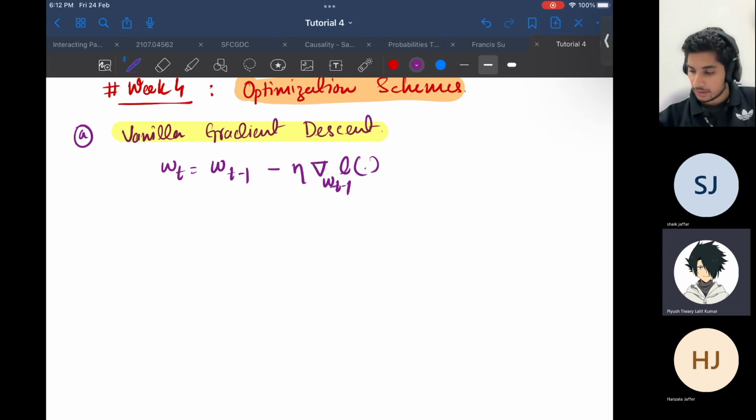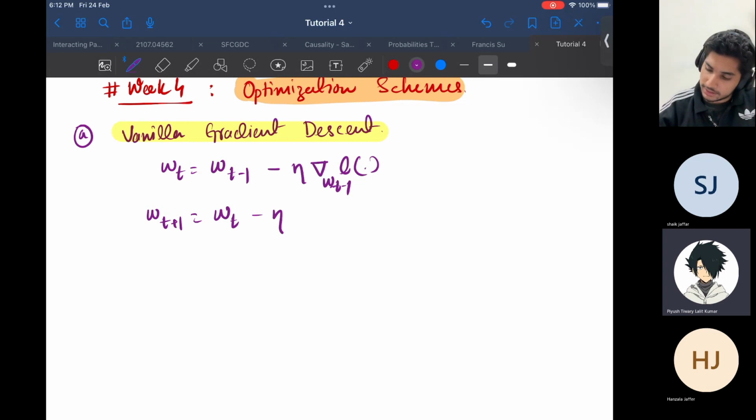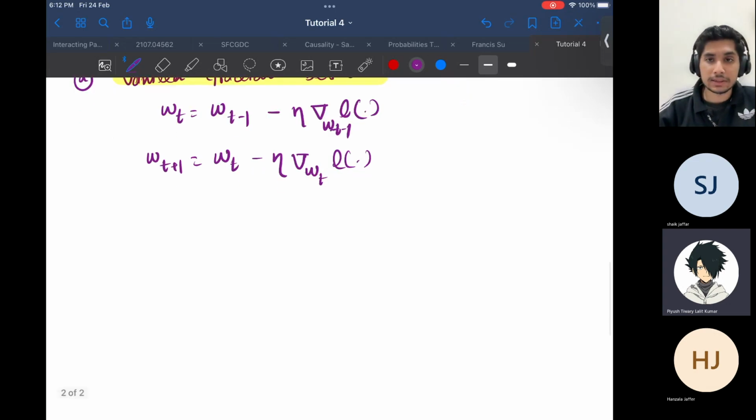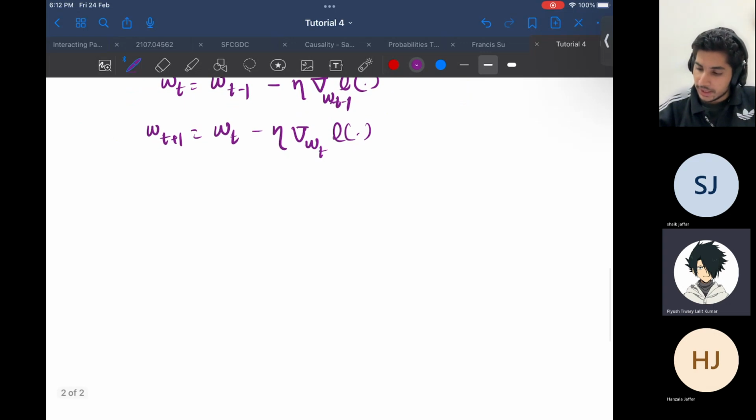Okay. So this was the vanilla gradient descent. If I increase the time index, we can also write this as w_{t+1} is equal to w_t minus eta times the gradient with respect to w_t of the loss function at that instant.